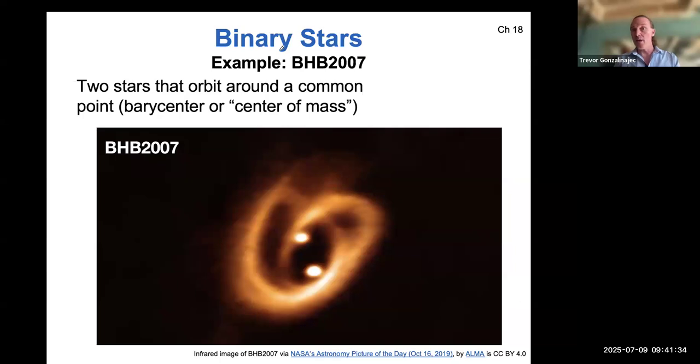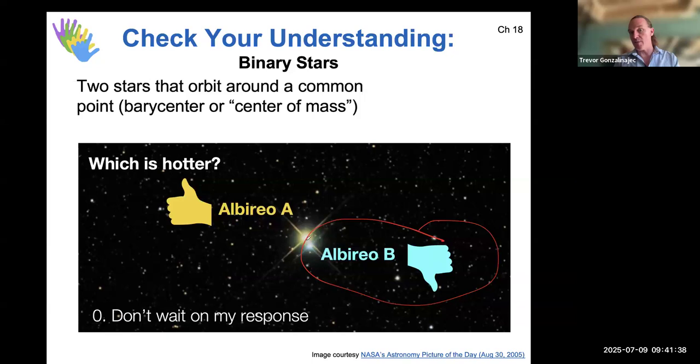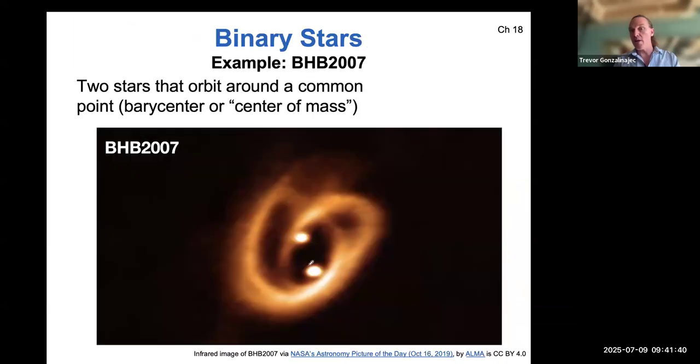Okay, so here is another image of a binary star. This one, we just see them side by side. But here's one where we're actually seeing them kind of head on, and we're seeing evidence of their actual orbit. I don't know exactly what the photo's showing. It says infrared, and so it's probably showing some sort of a disk around them.